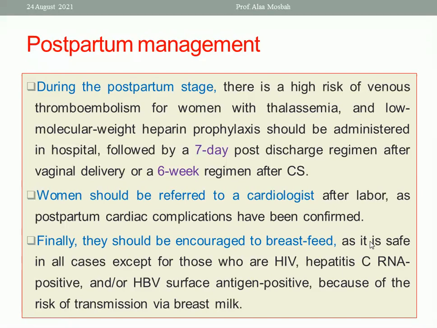Okay, so I should continue low molecular weight heparin for 7 days if vaginal delivery, for 6 weeks if delivery by cesarean section. Women should be referred to a cardiologist after labor, as postpartum cardiac complications have been confirmed.